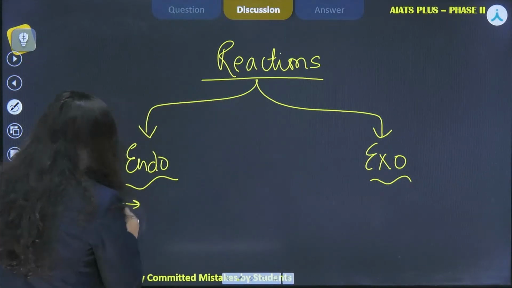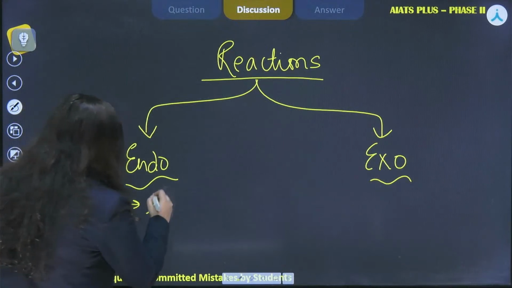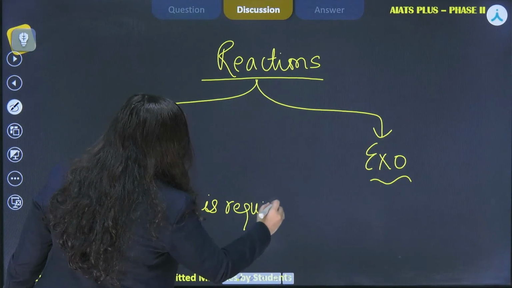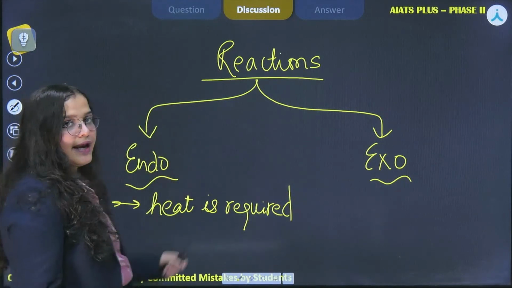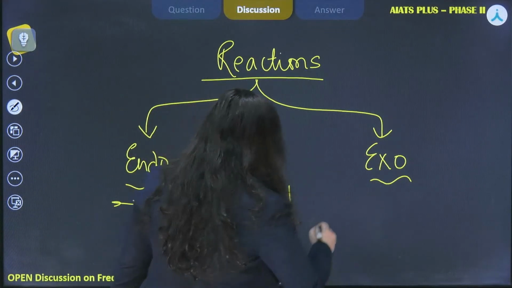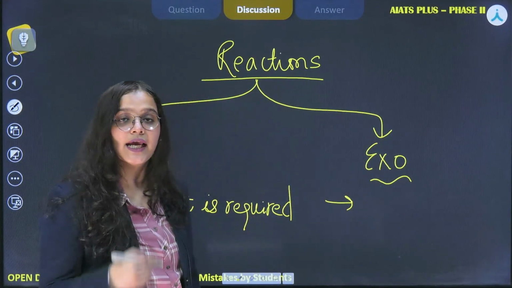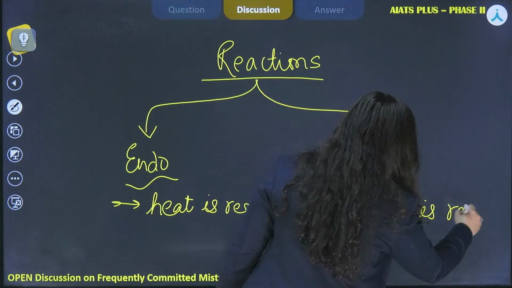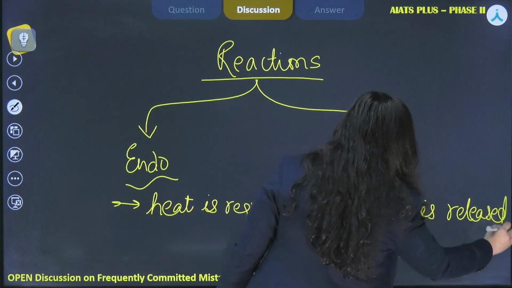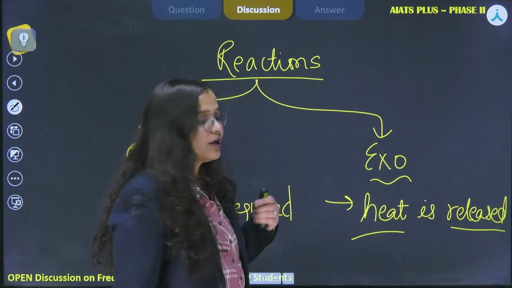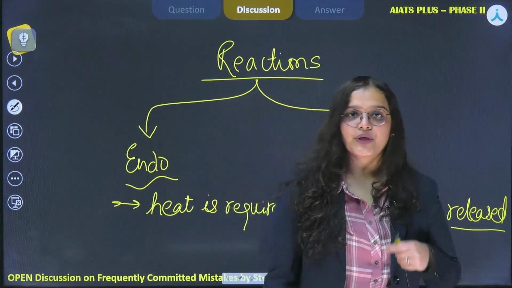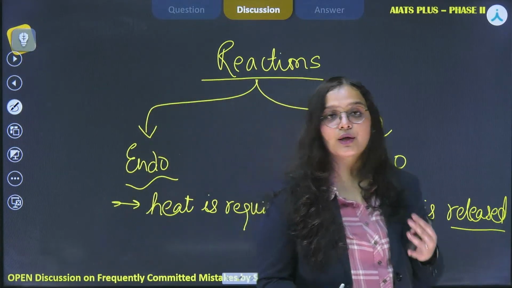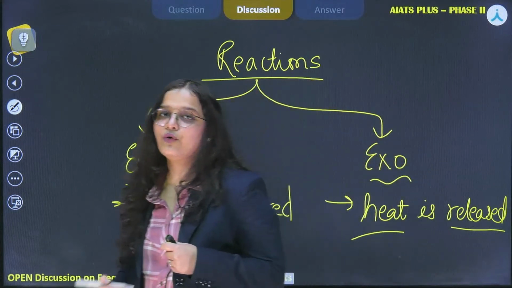Endo means to supply heat to the system, so heat is required in an endothermic reaction, whereas exo means out, and in exothermic reactions heat is released from the system. So one of the major differences between an endothermic and an exothermic reaction is that an endothermic reaction requires heat, whereas an exothermic reaction involves release of heat.